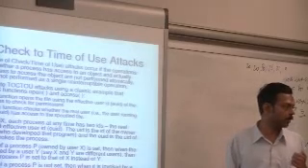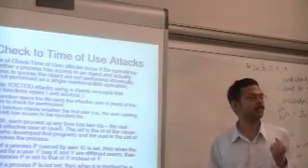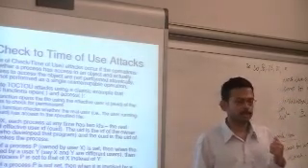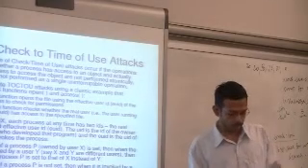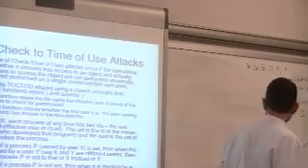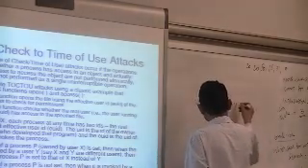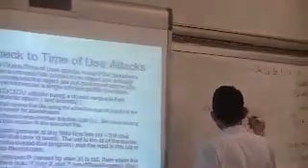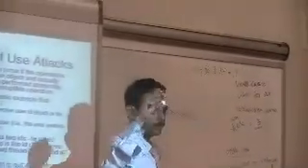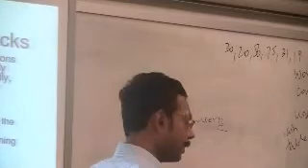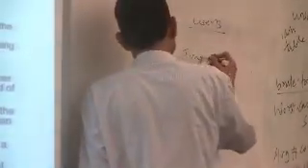Right? So what is the thing here? In the first case, user A has given user B permission to write to the file. User B opens the file and writes the file. So at the time of opening the file, user B has the permission, so that's the time of check.